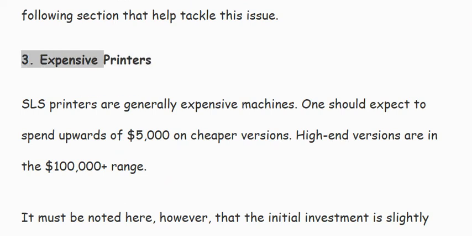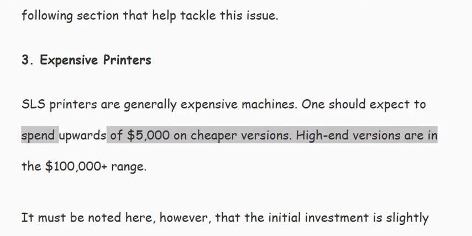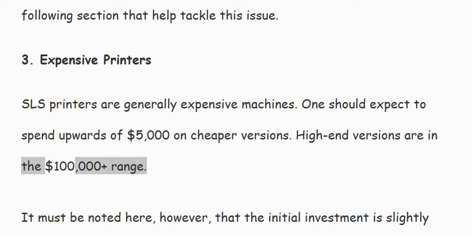3. Expensive printers. SLS printers are generally expensive machines. One should expect to spend upwards of $5,000 on cheaper versions. High-end versions are in the $100,000 plus range.